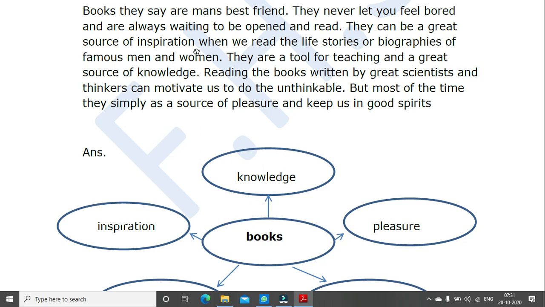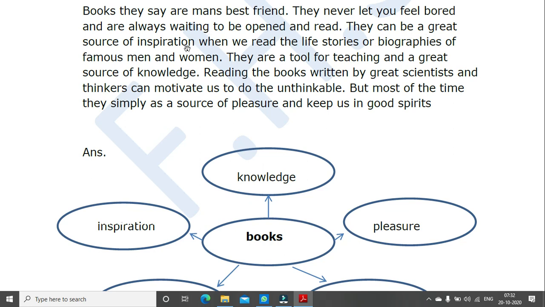Books, they say, are man's best friend. They never let you feel bored and are always waiting to be opened and read. They can be a great source of inspiration when we read the life stories or biographies of famous men and women. So there you got the first one, that they are a great source of inspiration.